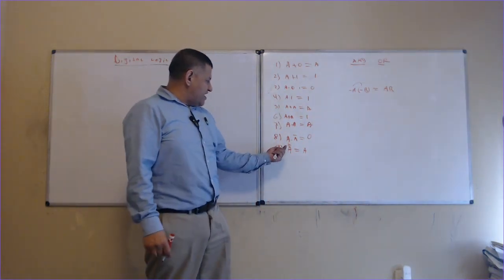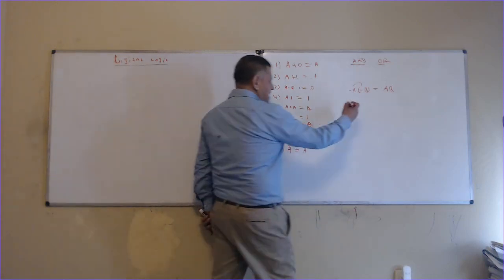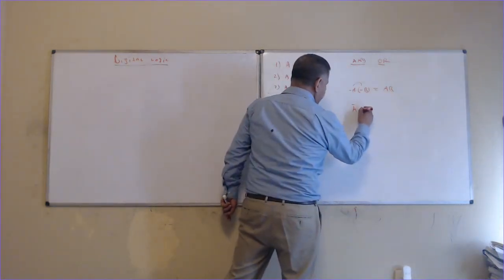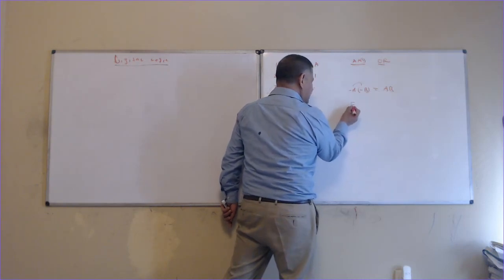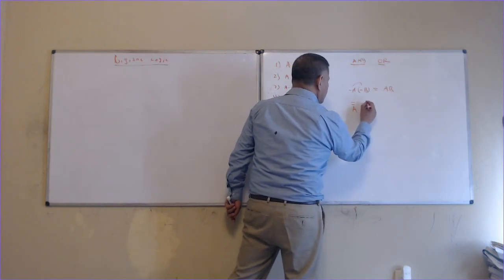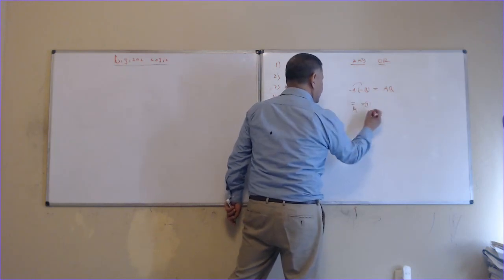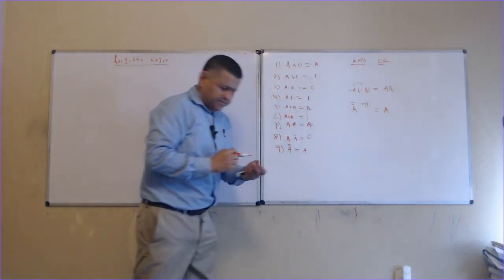Right here I'm negating A double, not A. Think about it: two negatives equal a positive, and that is equal to simply A.